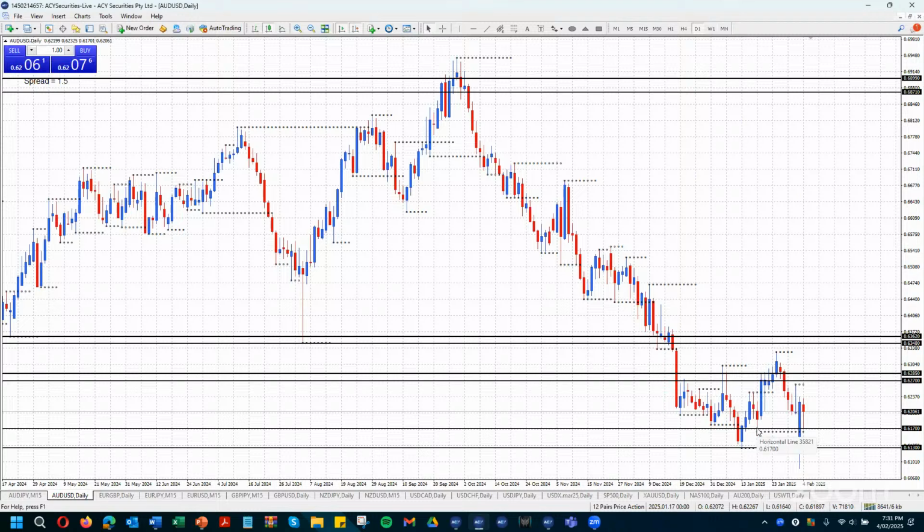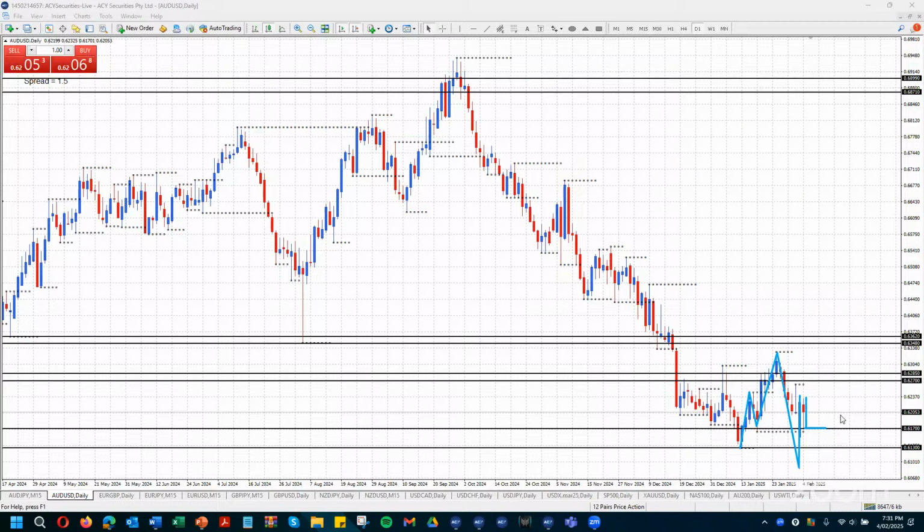We revisited it there. So first time it false breaks, comes back up, revisits to move up. We false break it yesterday. We come back up. What do we do today? We come down to revisit 61.70. It's done the exact same thing that it did there.